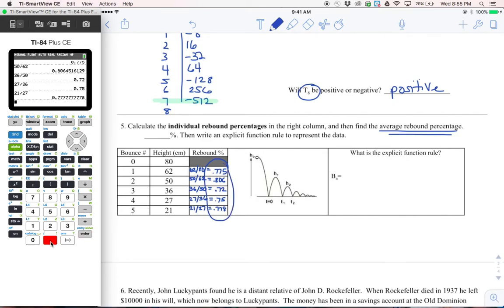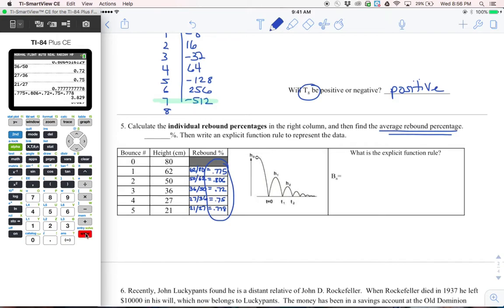All right, so we have 0.775 plus 0.806 plus 0.72 plus 0.75 plus 0.778.